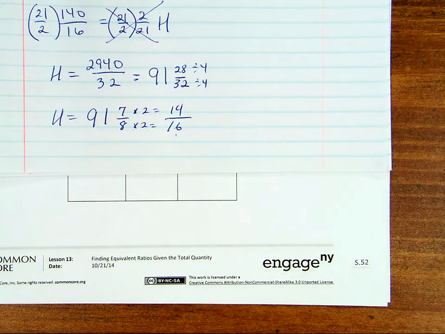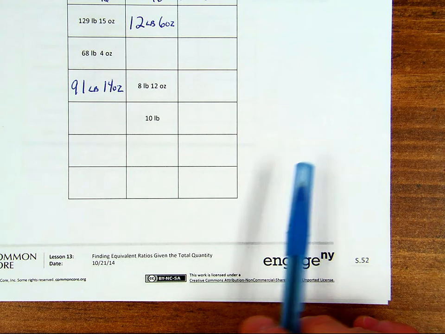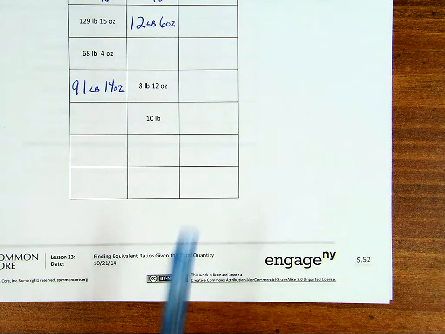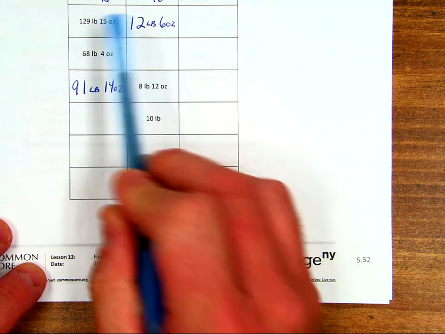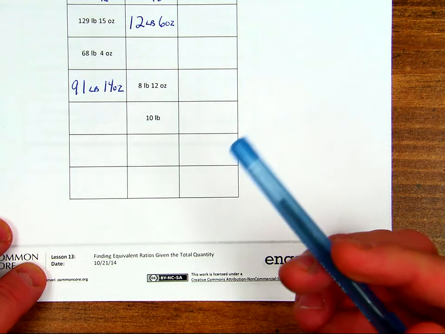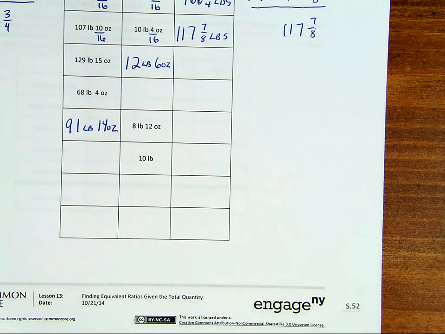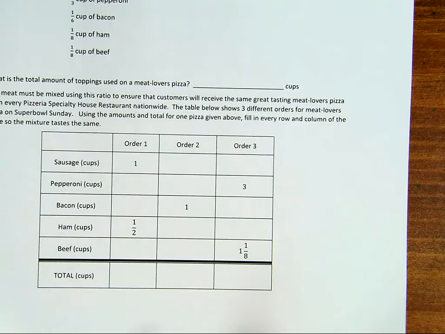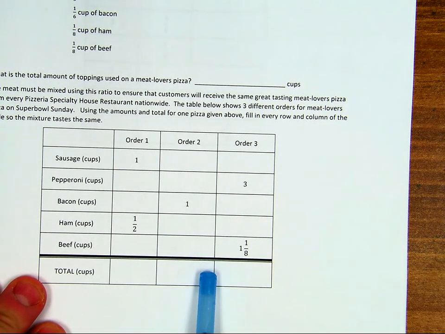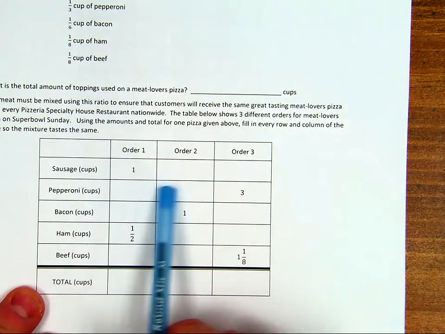So you're going to finish the rest of this chart. Okay? Technically, all you have to do is find these two, and then you just add the two together, which is pretty easy. The good news is, when you go to do these other problems, look, everything's already in cups.